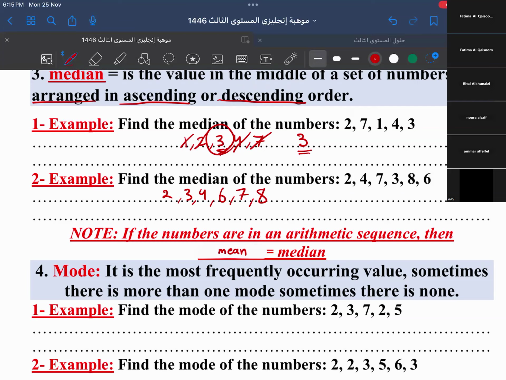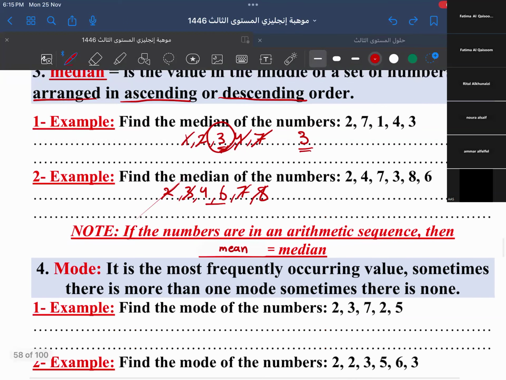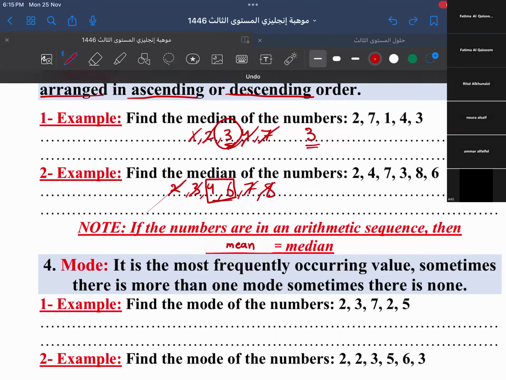The median is in the middle, so it's 5. Or 4 and 6. Yeah, so we're going to delete those together, and now I have two numbers. I'm not going to delete them both because like this, we're not going to have a median. So what we're going to do is take the two numbers and get their average.